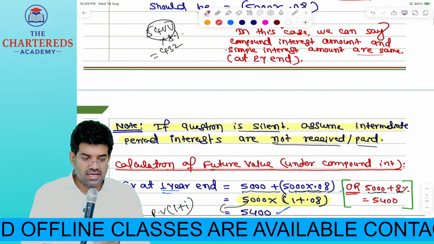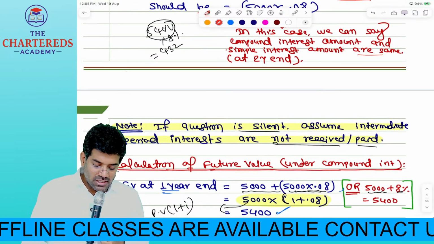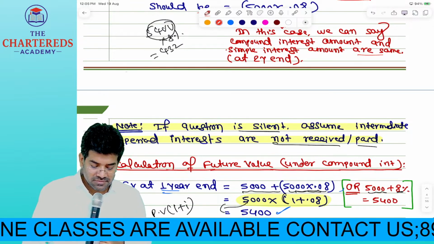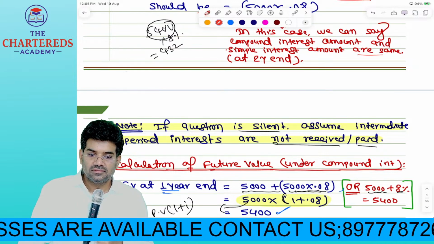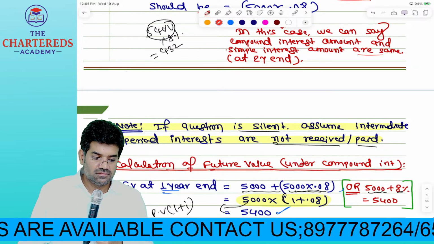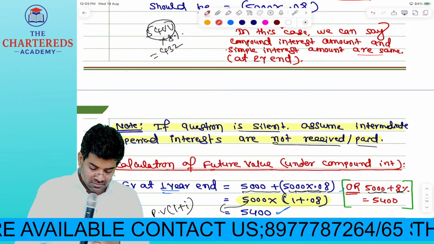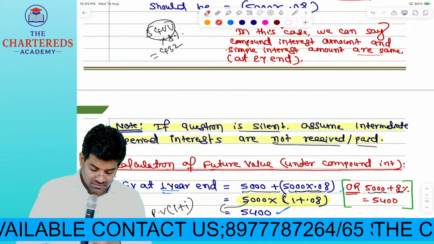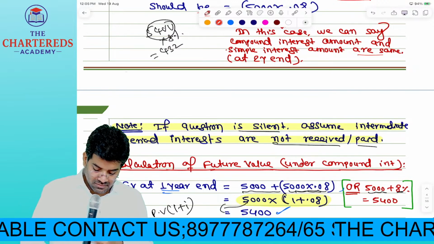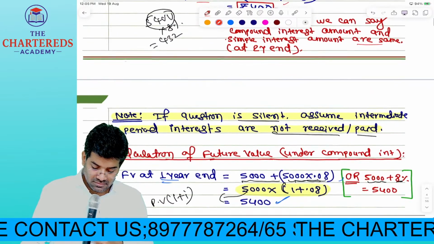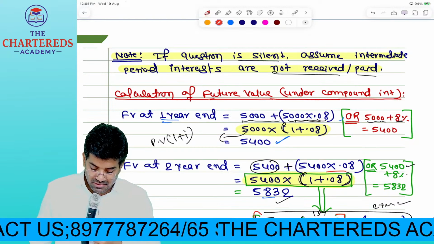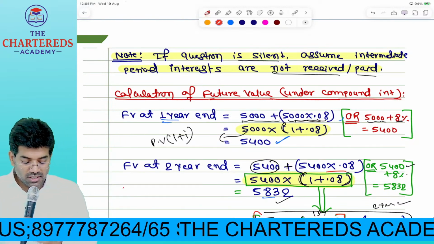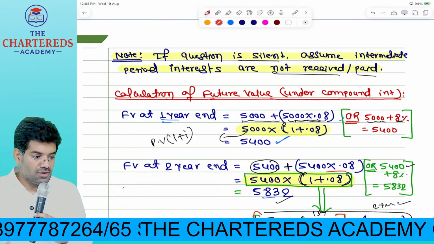If question is silent, assume intermediate period interests are not received or paid.